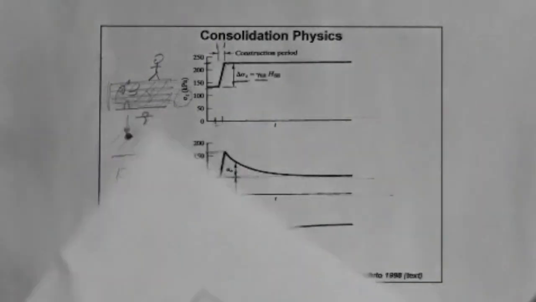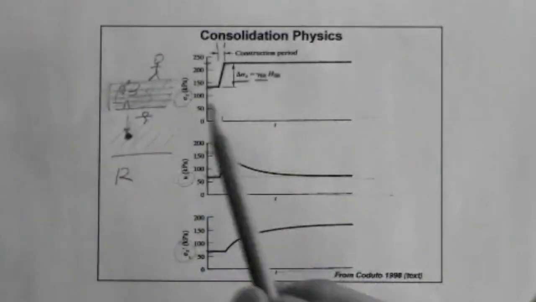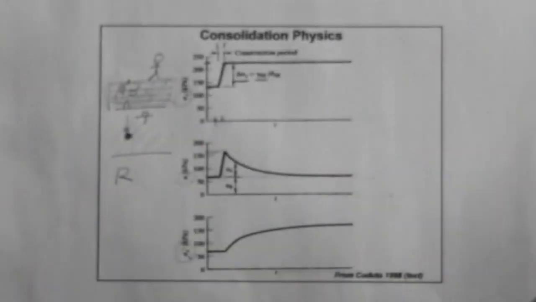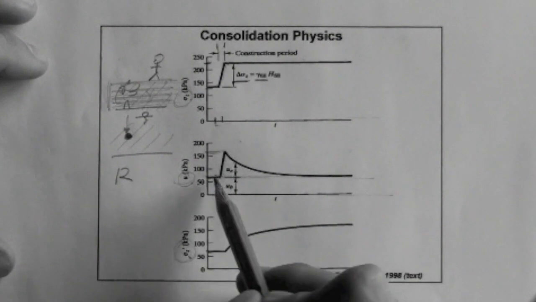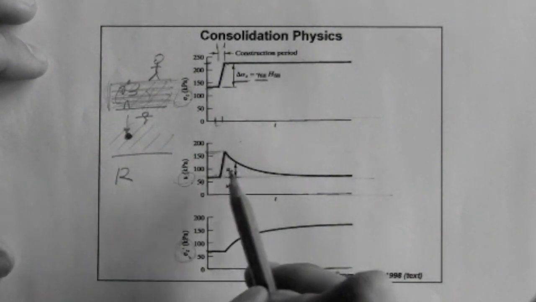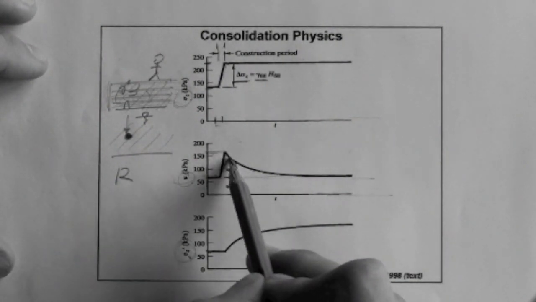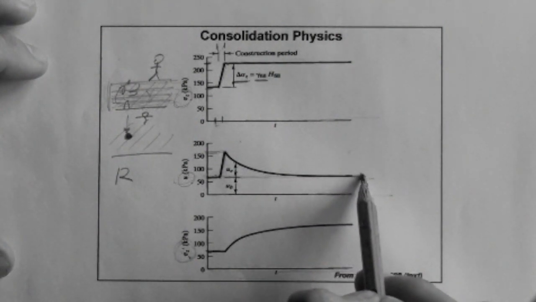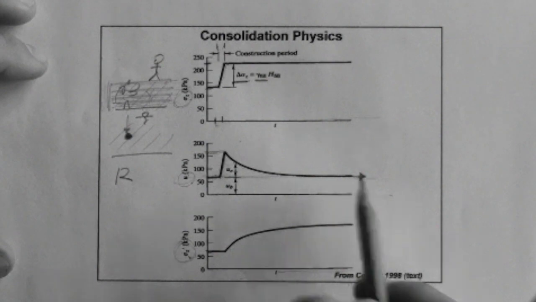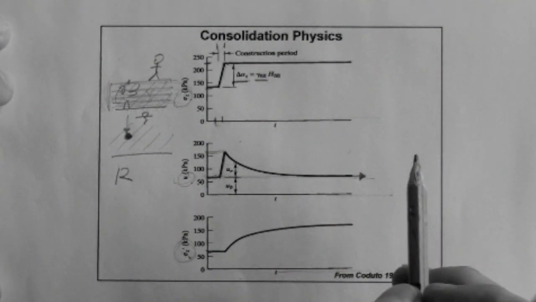It's basically this, but for trillions and trillions of grains. So as the water escapes, the excess pore pressure dissipates and goes back to hydrostatic, just like the case of our spring example with the piston.